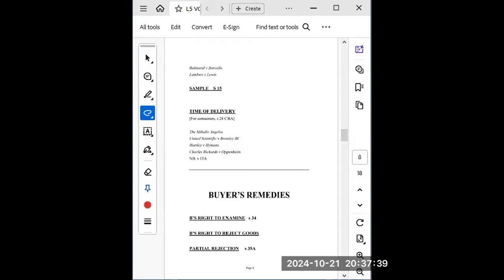The buyer's right to reject goods is not the same as the buyer's right to repudiate the contract. It's usually the same, but not always. Let me give you an example. Maybe the seller can re-tender conforming goods within time.